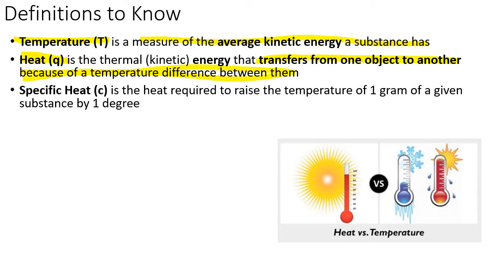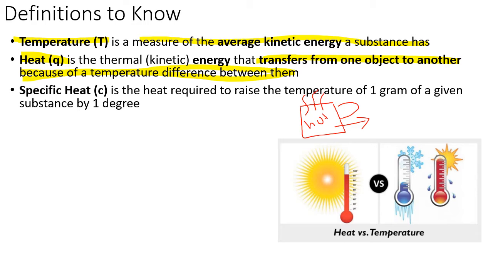Like if you have a cup of coffee that's really hot, the air is not as hot. Heat energy will leave the coffee and go to the air. And so heat is energy that transfers from one object to another. Temperature just tells you the average kinetic energy that something has.